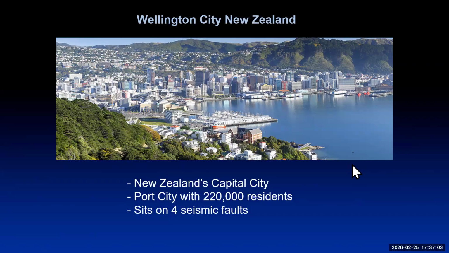Wellington City, we had the Kaikoura earthquake, and Tom led a team going into Wellington and looking at 10 different buildings. And they gave us 10 to have a look at. They didn't say whether they were good or bad, asked us what we thought.